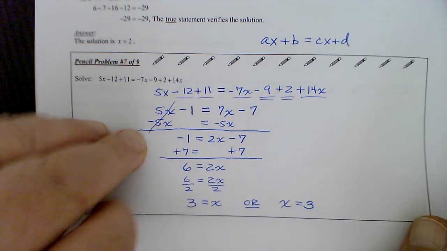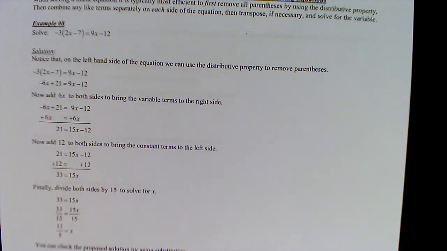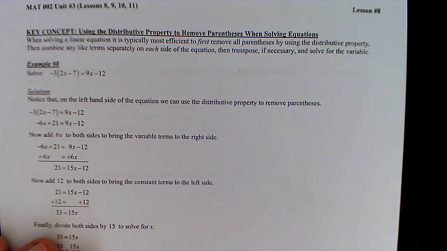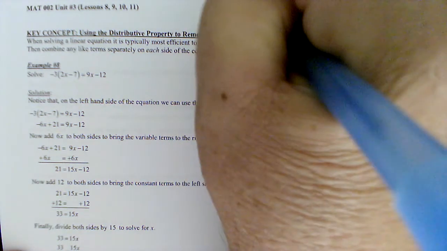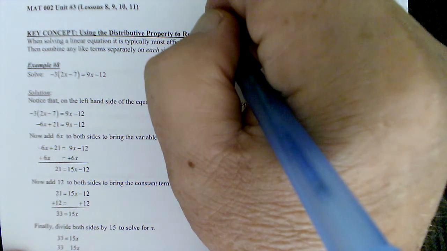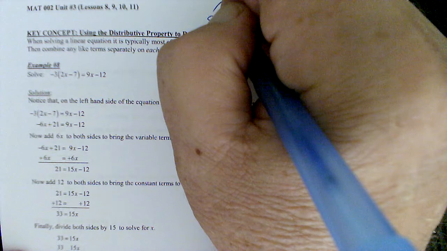One more thing to add, and that is the distributive property. Recall the distributive property. If we have something of the form a multiplied by b plus c, you can use these little arrows to indicate the distributive property of multiplication over this addition.